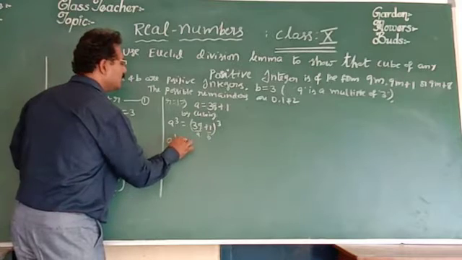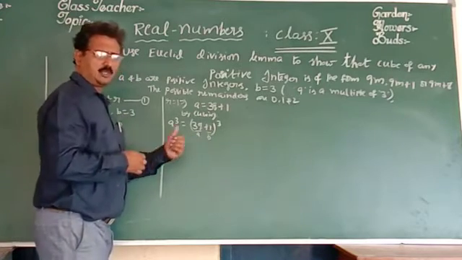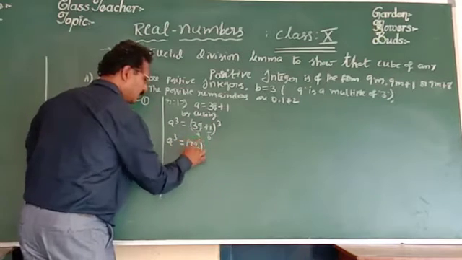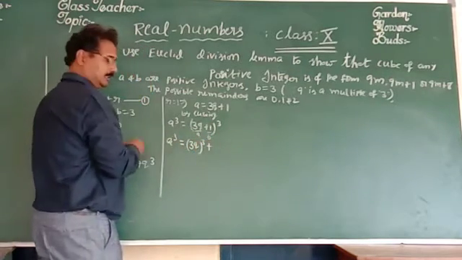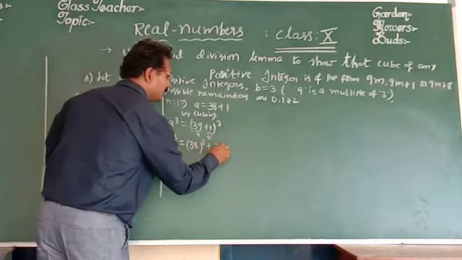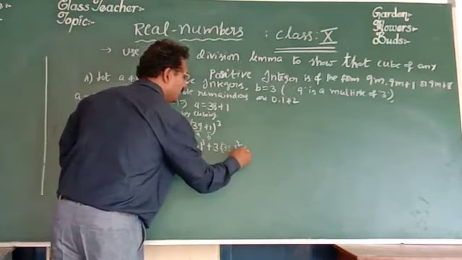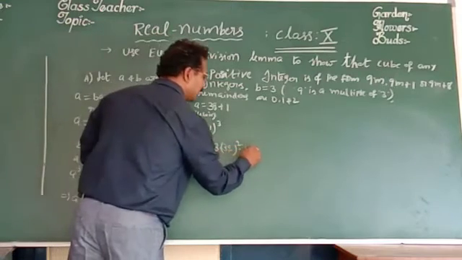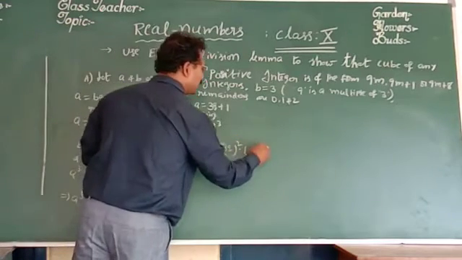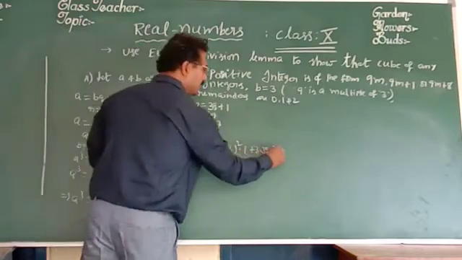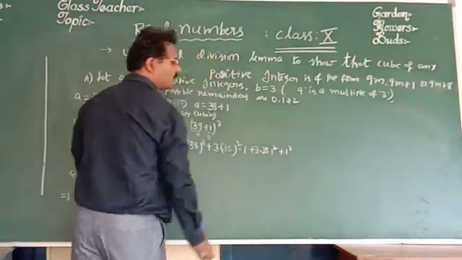Therefore a cube is equal to, substituting the a plus b whole cube formula, a cube, that is 3q whole cube, plus 3a square b, that is 3 into 3q whole square into b, which is 1, plus 3ab square, that is 3 into 3q into 1 square, plus b cube, that is 1 cube.